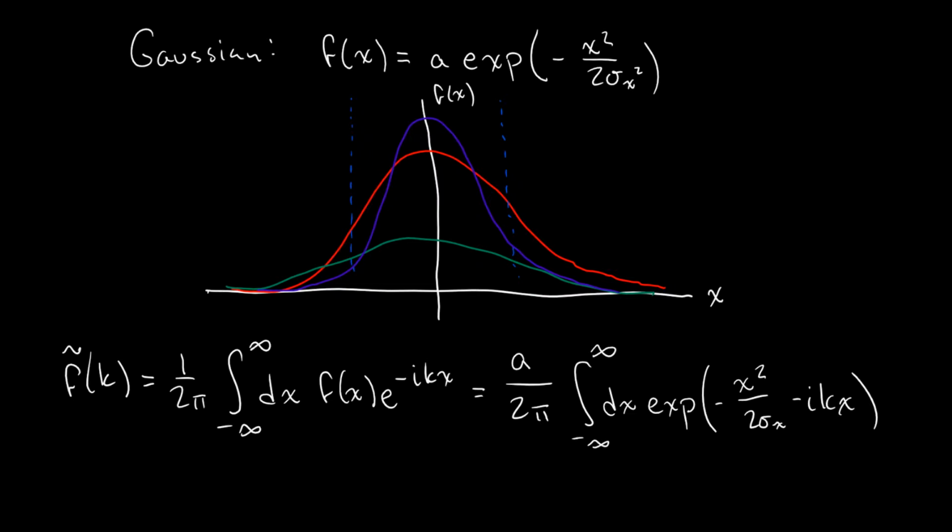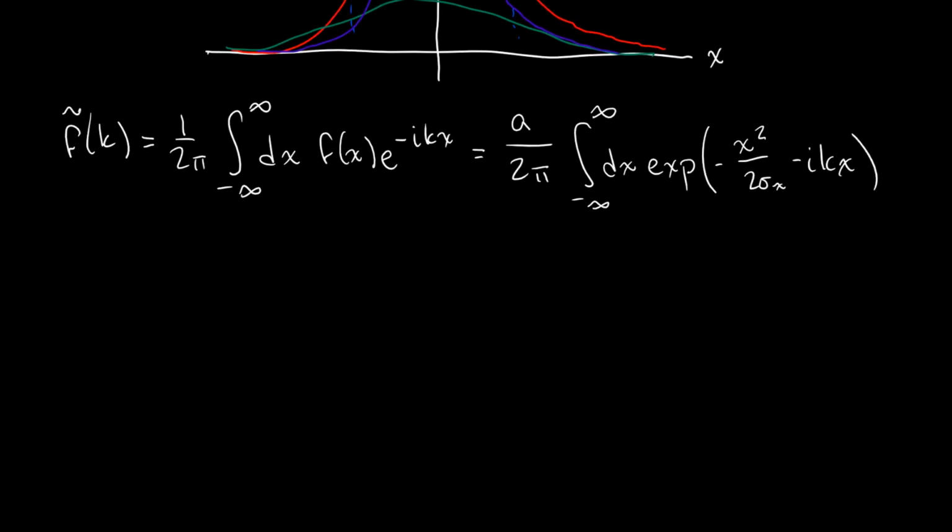Okay, so that's our Fourier transform for the Gaussian function.